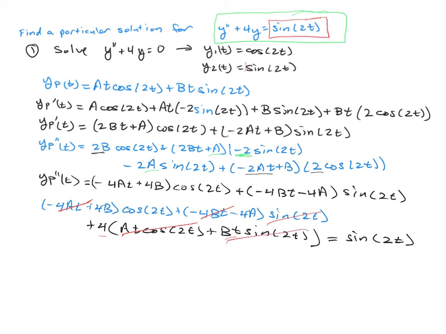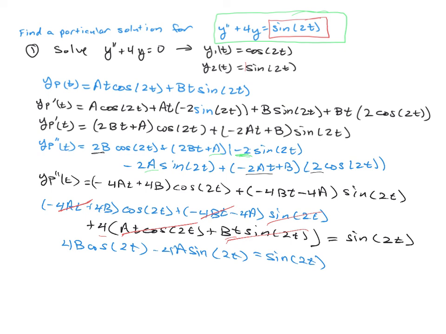So all that's left is going to be a 4b times the cosine of 2t and that's going to be then with a minus 4a sine of 2t, and that's equal to the forcing term, sine of 2t.